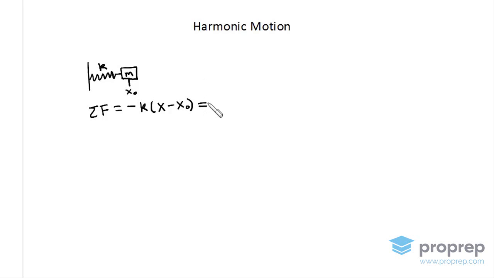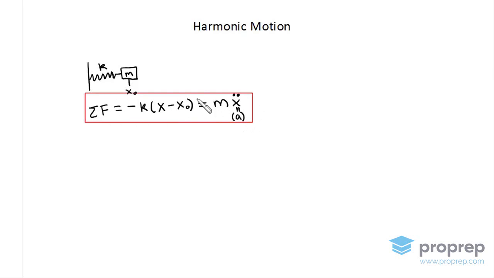And this is of course going to be equal to our mass multiplied by acceleration. Now because over here we have our variable x, which represents our displacement, we're going to use the second derivative of x, x double dot, and this is our acceleration. You'll see why we write it like this.